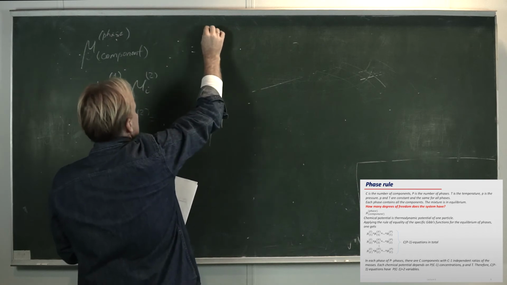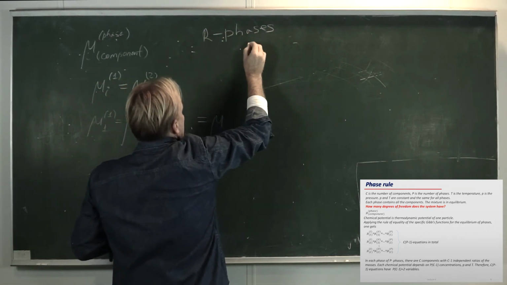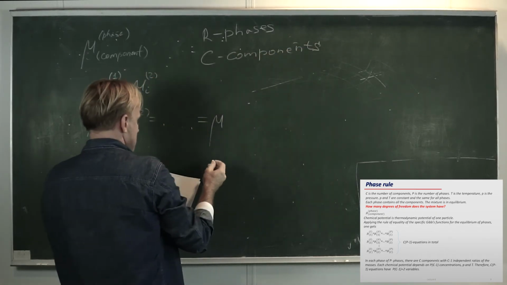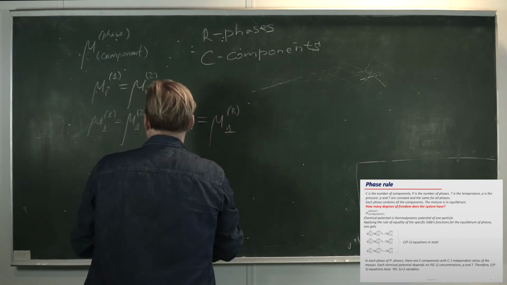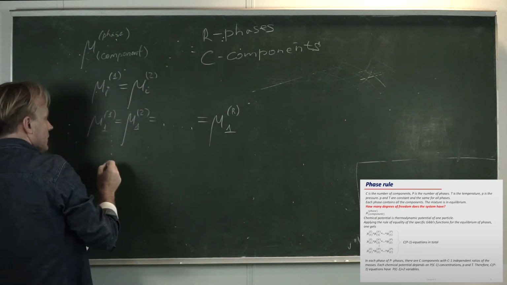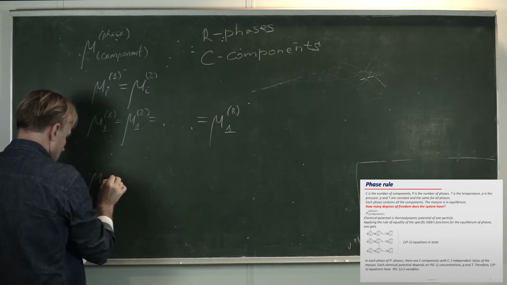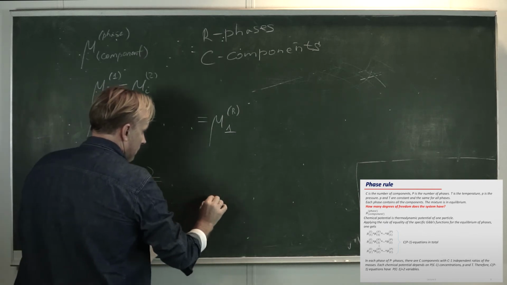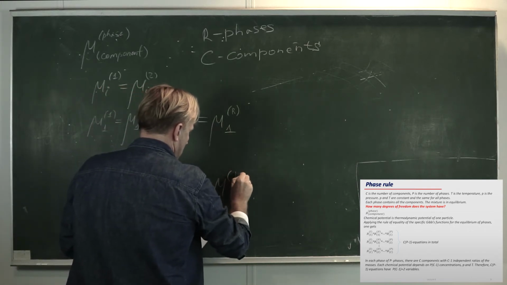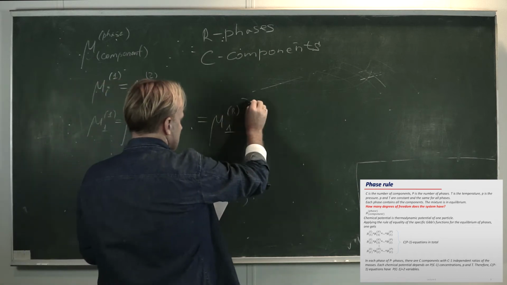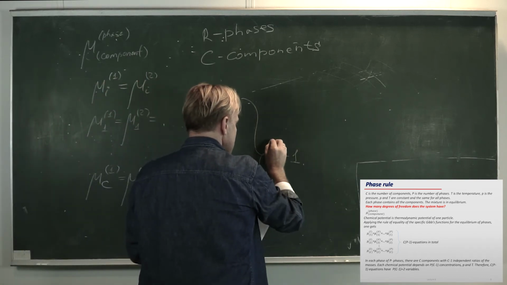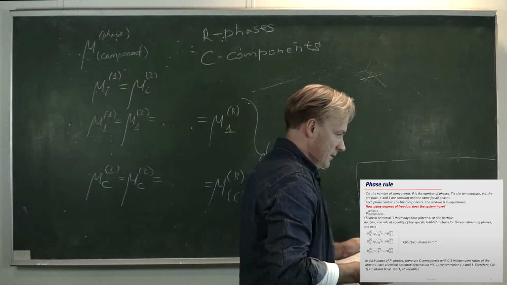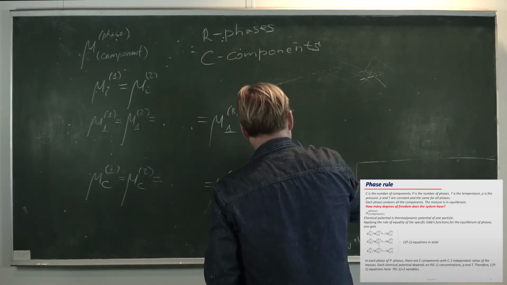And eventually, if I have R phases and C components, for each of the R phases and C components, I can write equalities, such that in total, if you calculate how many equalities I can get, it would be R minus 1 times C equations in total.